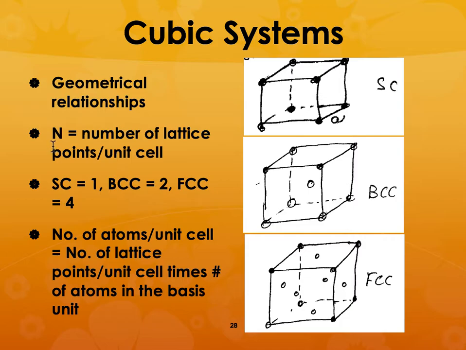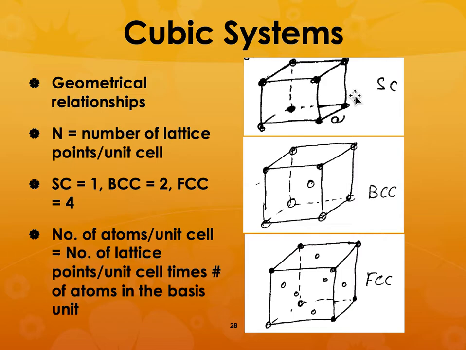Where n is equal to the number of lattice points per unit cell, for simple cubic it is equal to 1. Why? Because there are 1, 2, 3, 4, 5, 6, 7, 8 corner points, and they are shared between 8 unit cells.